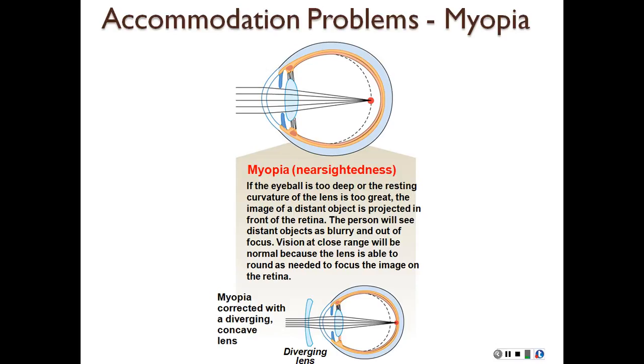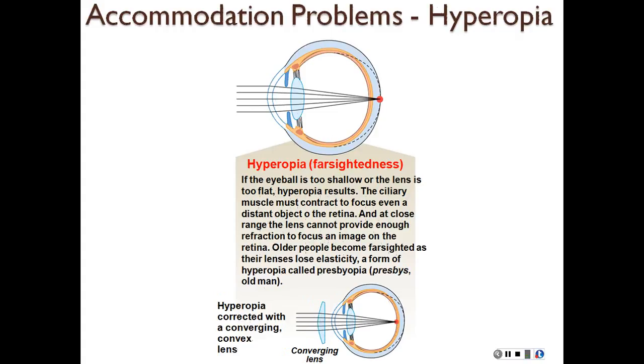And the reason that happens is because the eyeball is too long. Okay, so you can see the eyeball is long. If you compare that picture to this one, you can see the difference. So in farsightedness, the eyeball is what? Too short. Okay, so that means the perfect image is falling behind. The focal point is actually falling behind the retina.